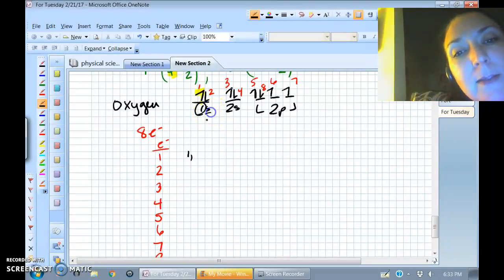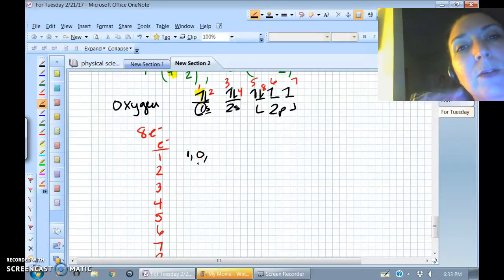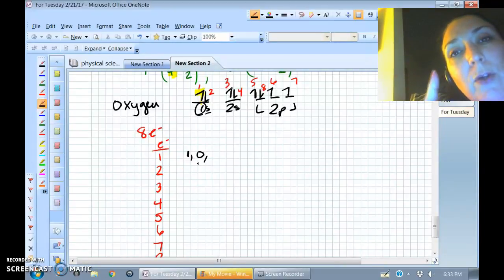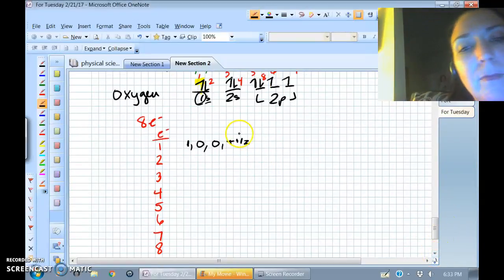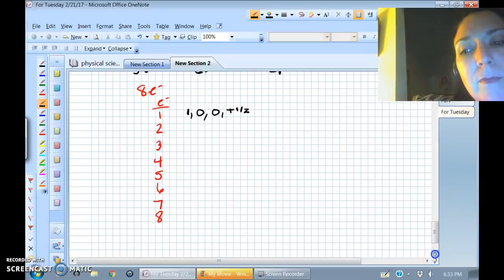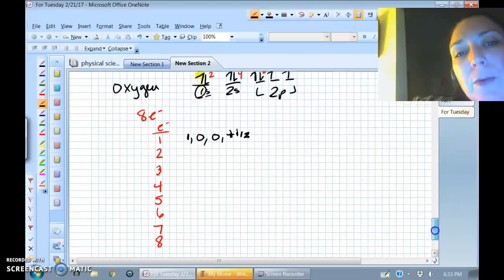It is an S. All S's are assigned a number 0. The next one has to do with the number line. Where is it? Well, there's only one orbital, so there's only one number it could be. That's the center of the number line, which is 0. And that arrow is pointing up, so it's a plus 1/2.